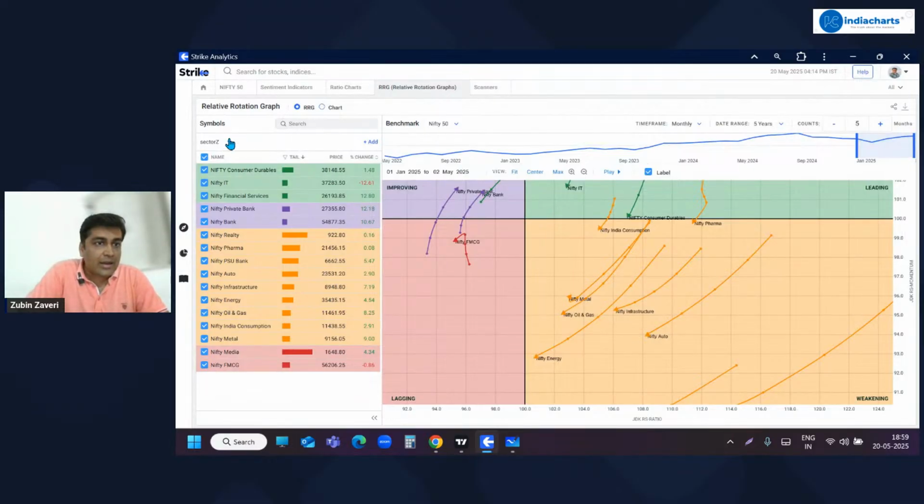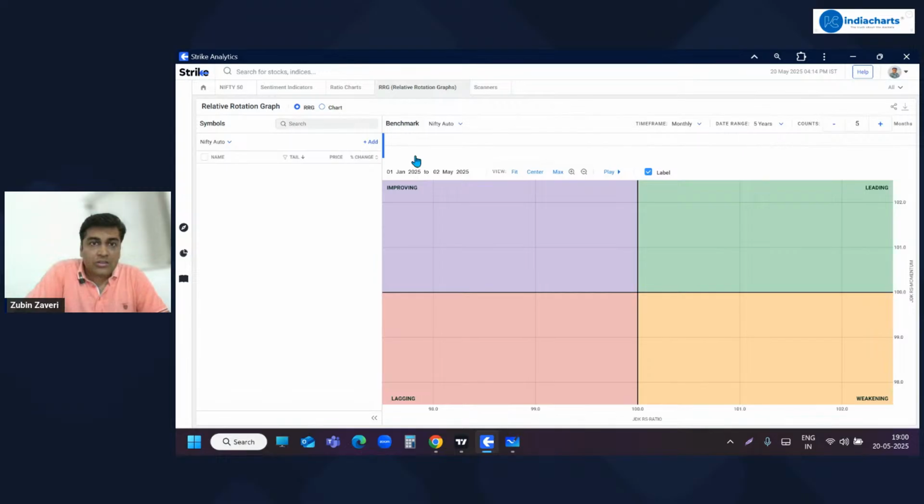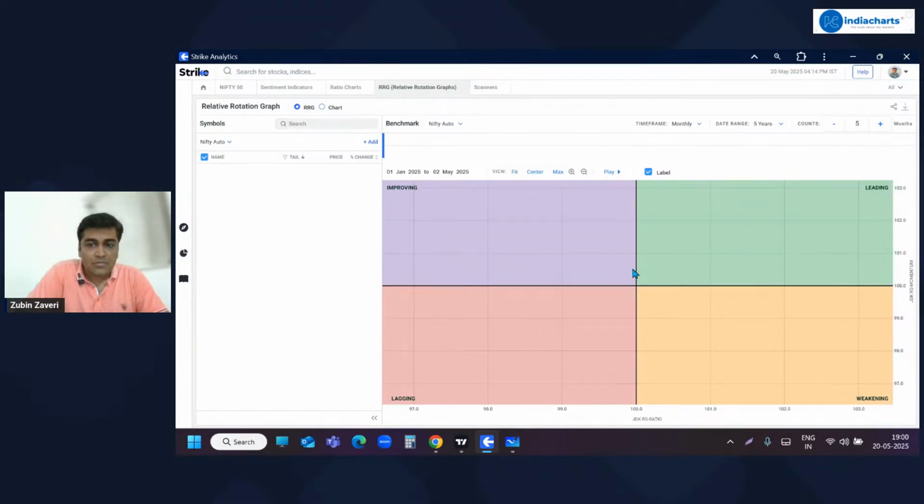Let's take Nifty Auto once again. So when you select Nifty Auto, you can select Nifty Auto as the benchmark. You can select Nifty 500, or you can select Nifty 50 also, for benchmarking.